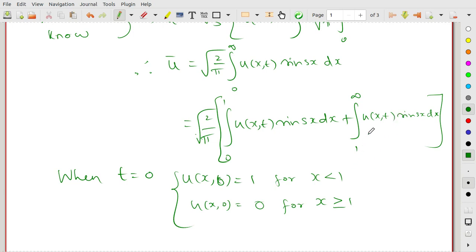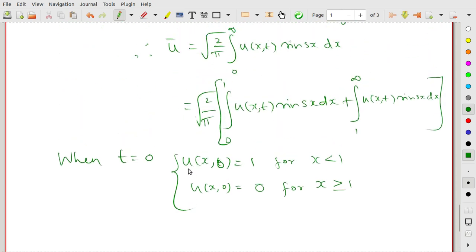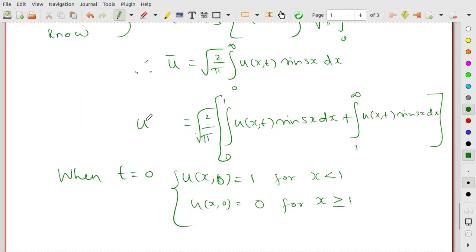Therefore here the integral runs from 1 to infinity, so this term will become 0 by definition when t equals 0.